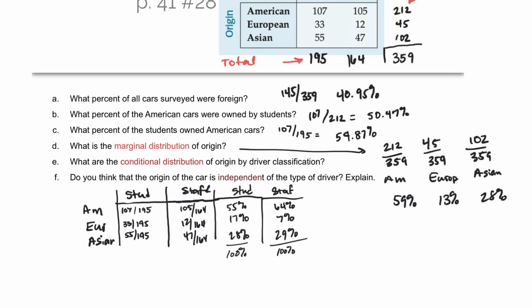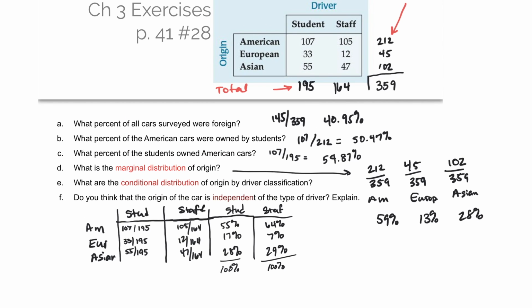Now, last question. Do you think that the origin of the car is independent of the type of driver? We have a number of ways to do this. If we think that it is independent, then we can create the conditional distribution of origin by driver, which is what we just did in part E. I'd like to look to see, are the cars distributed the same way among the students and the staff members?